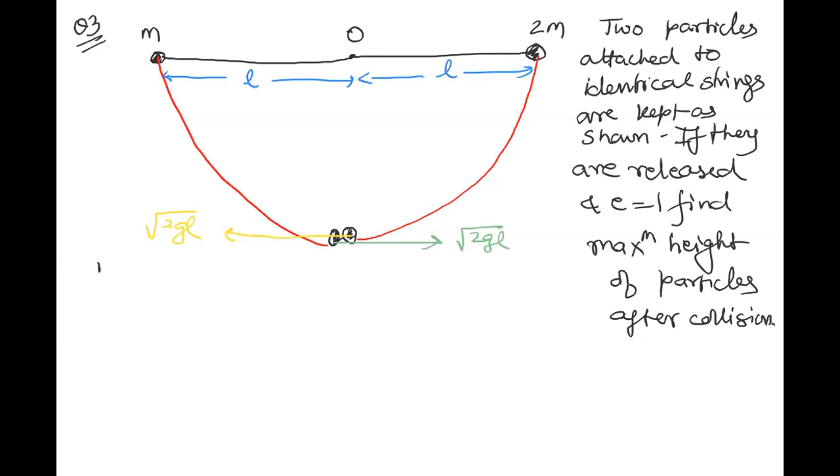So we'll write M1 is equal to M. V1 is equal to √2 GL. M2 is equal to 2M.